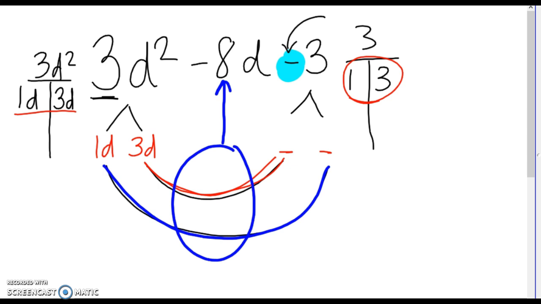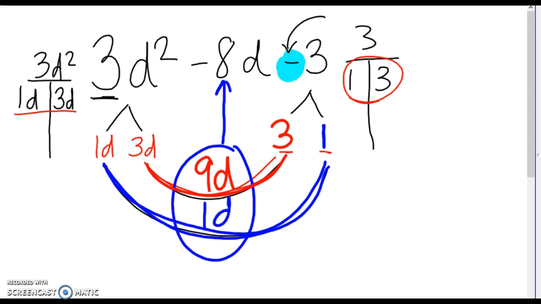So I think, what would help me to do that? Well, if I put the 3 here, 3d times 3 would give me 9d's. And I'm not worrying about the signs yet. You might worry about the signs right away, and that's fine. And then if that's the case, I would need to put the 1 right here. Well, 1d times 1 is going to give me 1d.